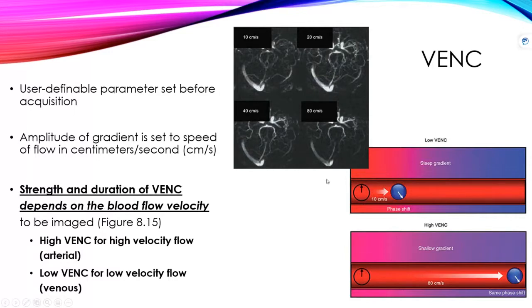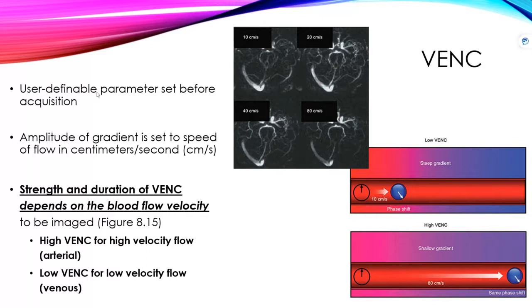As you can see here, the VENC gradient is something that we set. It's a user definable parameter that we set before acquisition. Again, this is not something that you are going to have to do every single time you use this. It's already set in the system by the physicist or the technologist or the radiologist that created your sequences.